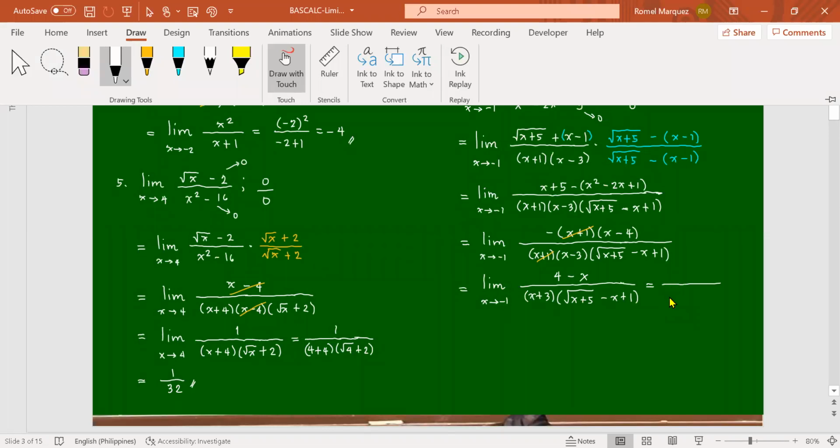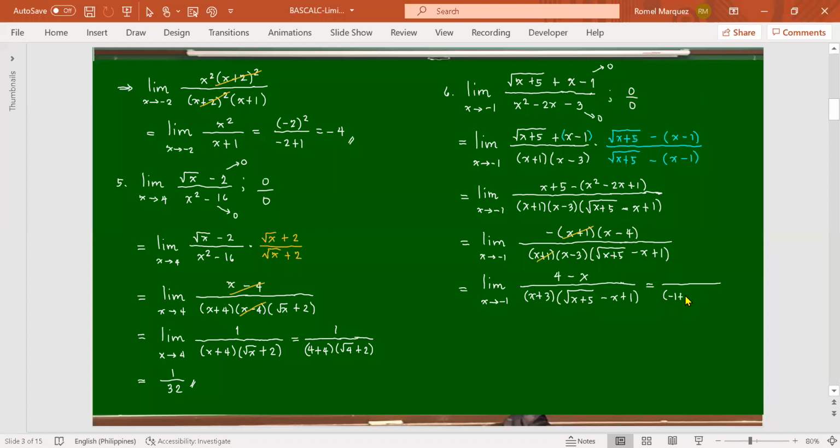Okay, so we have negative 1 plus 3. What about the other factor? Square root of 4, that's 4, right? Minus plus 1, then minus 1. I mean plus 1.